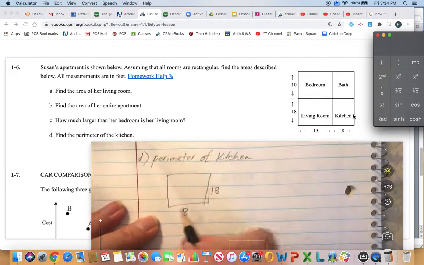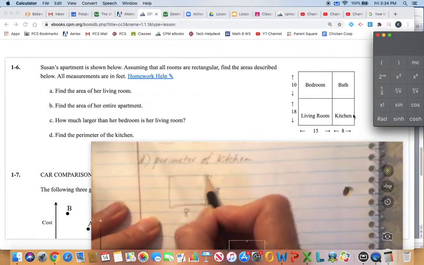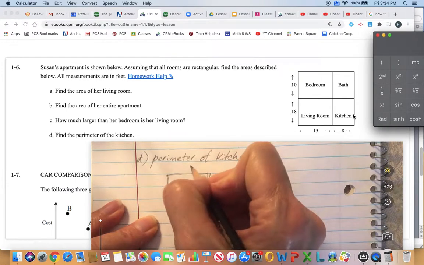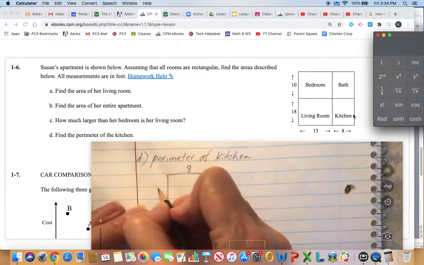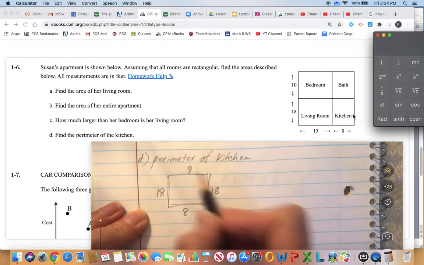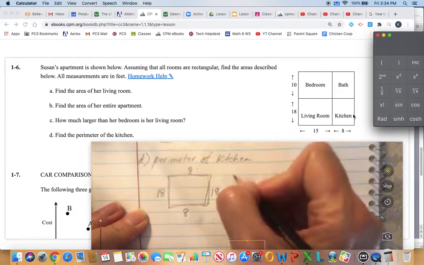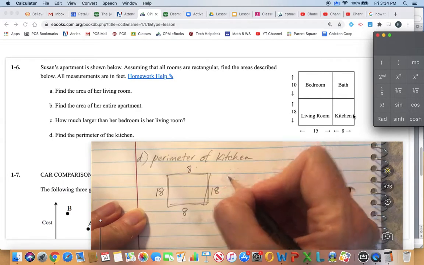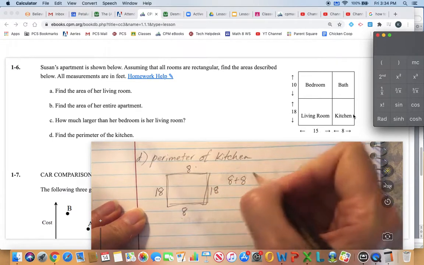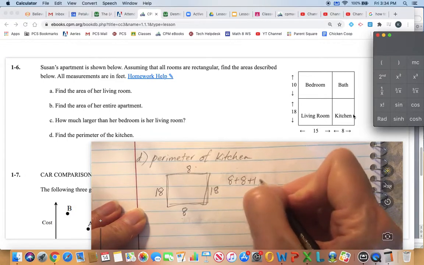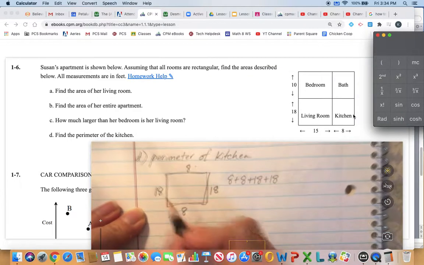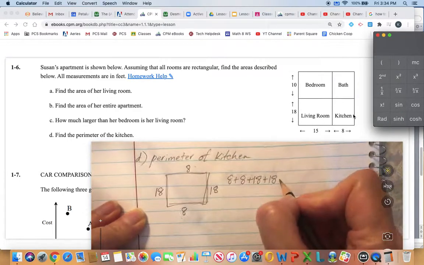But remember, a perimeter is the distance all the way around. And so we need to label the other sides of the kitchen. So now we can add up all these sides. So the perimeter is going to be equal to 8 plus 8 plus 18 plus 18 because we have to add up all 4 sides.